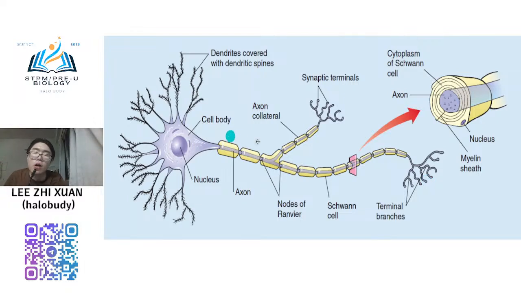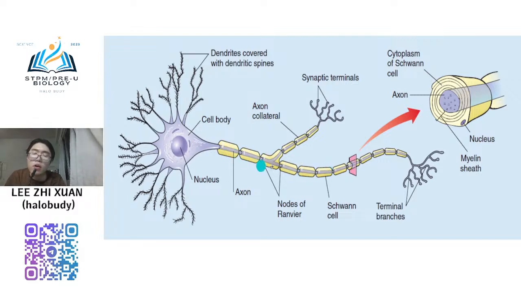Okay, so not only that, you will see that along the axon there are cells we call STPM cells, or another name, you see, we know as myelinated neuron tissue. So in myelinated neuron tissue, there are many STPM cells bound to the axon of the neuron tissue.